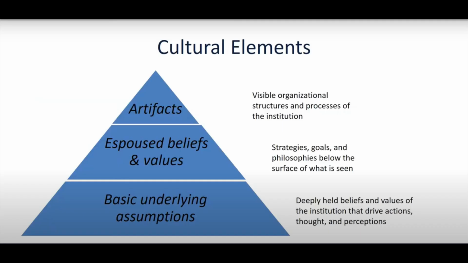Above the surface are visible artifacts: logos, language, rituals. Below the surface lie shared philosophies, group norms, and deeper still, core assumptions that shape how people interpret and respond to their environment. These deep layers are harder to access, but they're often where the most influence resides.